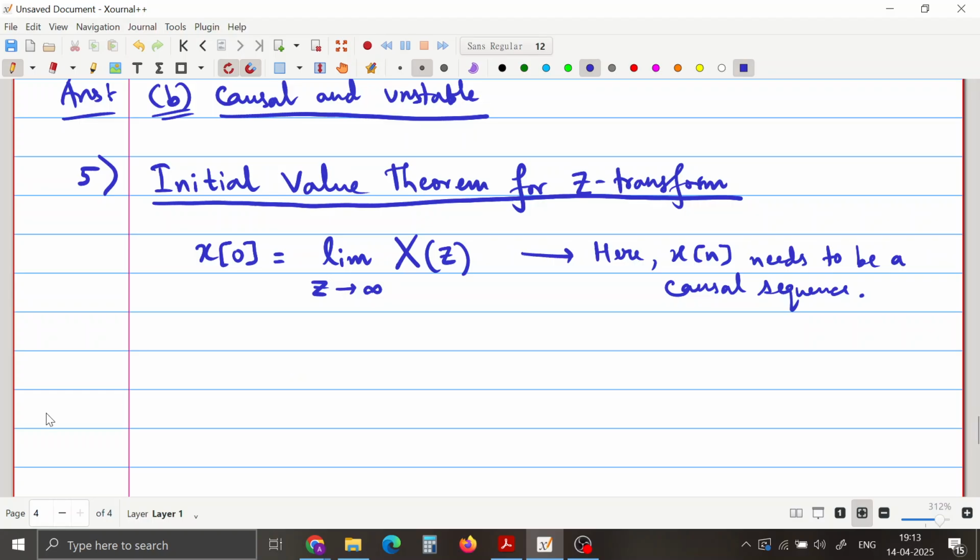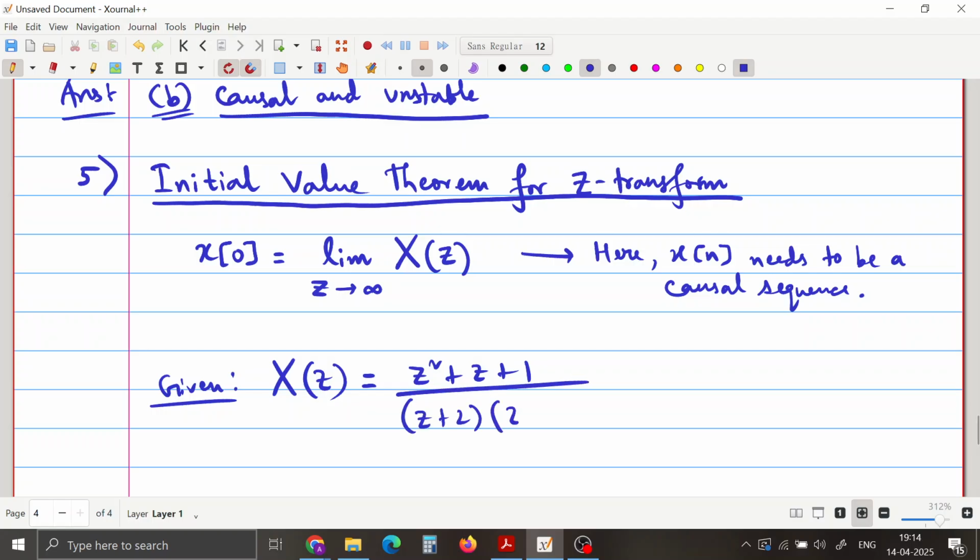So given our question, X of z is given as z square plus z plus 1 whole divided by z plus 2 into z plus 1. This was the question.